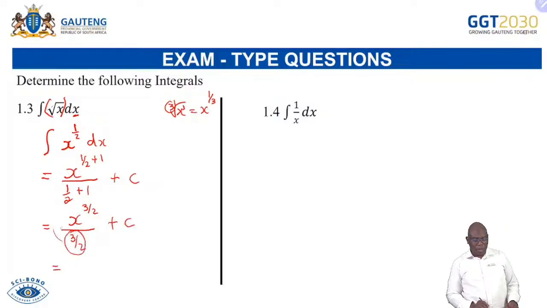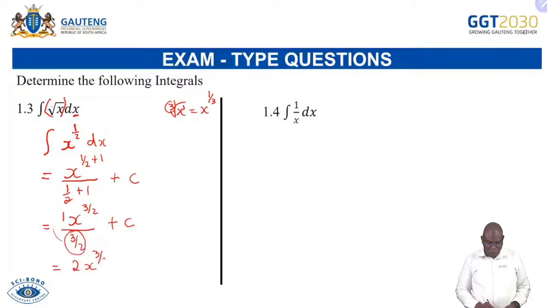So how should I write it? I know here it's a 1. So if you take a calculator and say 1 over 3 over 2, then you're going to get an answer of 2x to the power 3 over 2 all over 3, then you just add plus c there.